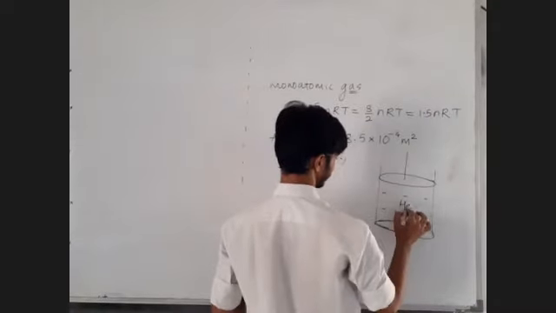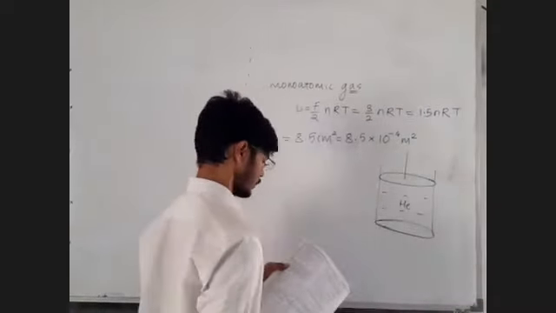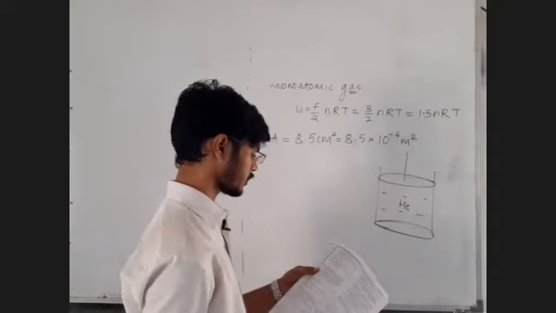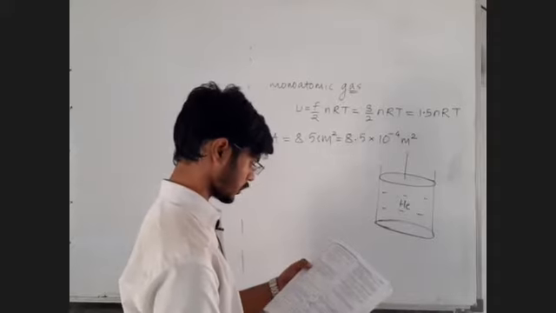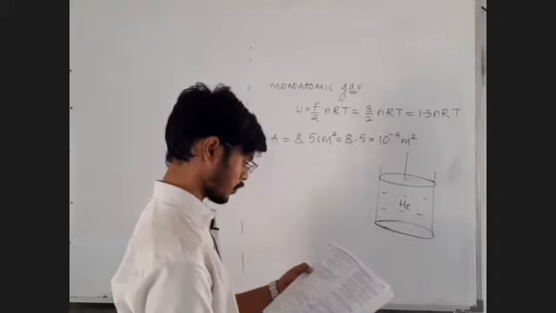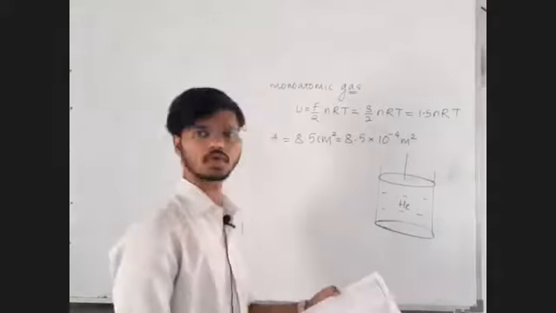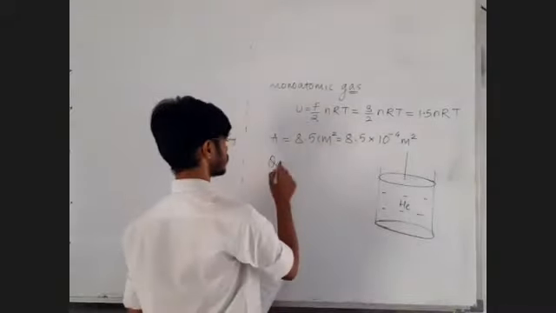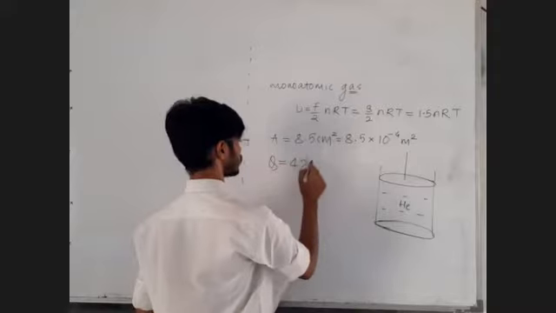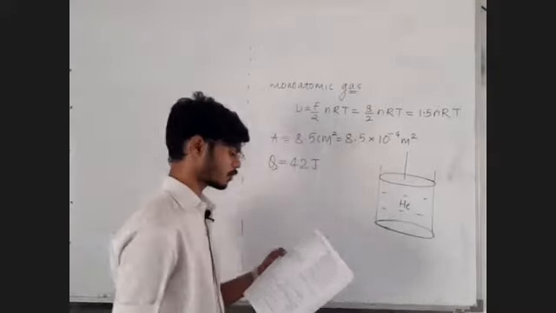Helium is monoatomic, that we know. Hydrogen is diatomic. The cylinder is closed by a light frictionless piston. The gas is heated slowly in a process during which a total of 42 joule of heat is given to the gas. Heat given to the gas is positive.